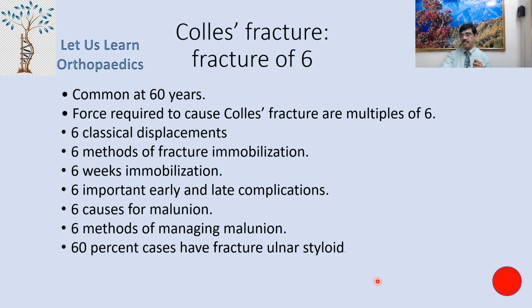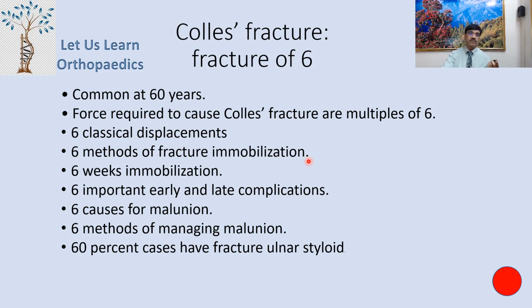And thus, we can call the Colles fracture as a fracture of 6. Why? Because the Colles fracture is common at 60 years of age. The forces required to cause Colles fractures are multiples of 6. There are 6 classical displacements. There are 6 methods of fracture immobilization.